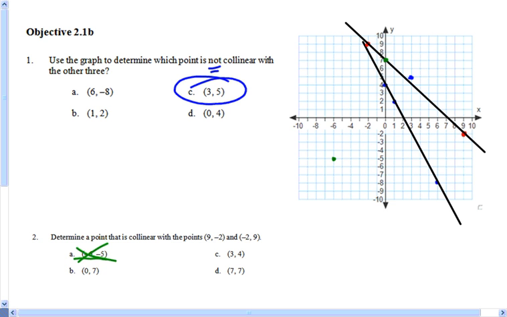I'm thinking it's B. We can check the other two, but C is (3, 4). Actually, we could pick C also. But since it said determine a point, you could choose either one. And D is (7, 7), and that's way up here. It's definitely not on that line. So either B or C would be okay for this problem.